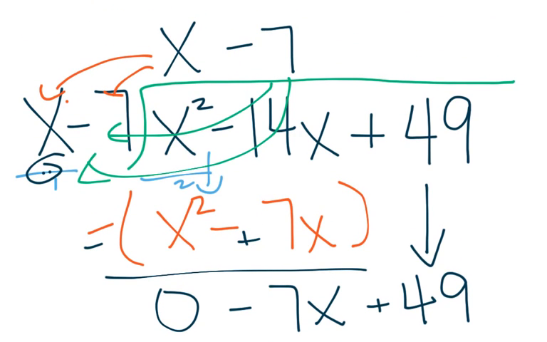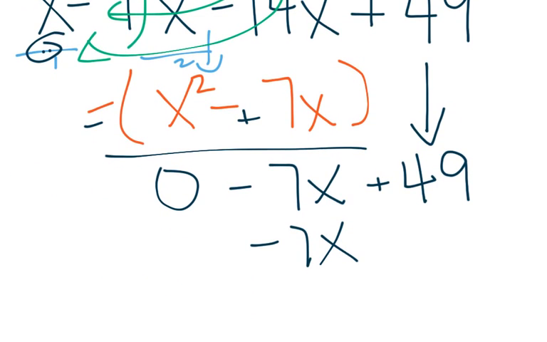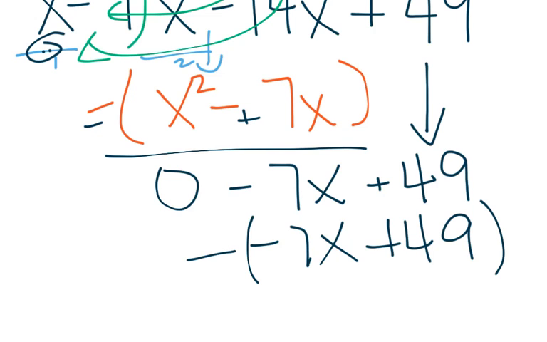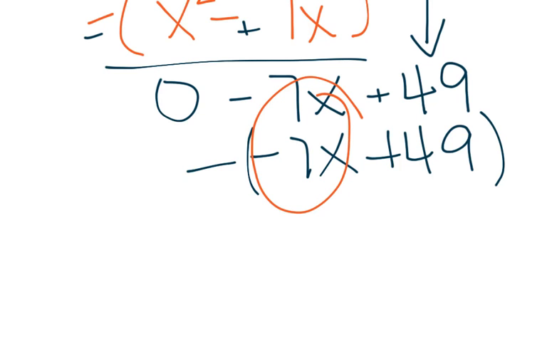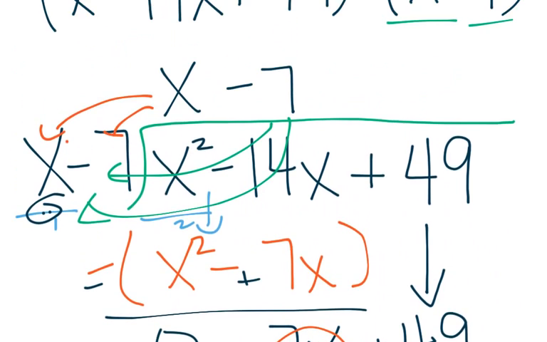And negative 7 times negative 7 is positive 49. So now we subtract these. So negative 7x minus negative 7x is 0, and 49 minus 49 is 0. So there's no remainder, and our answer is this up here, x minus 7. That's our answer.